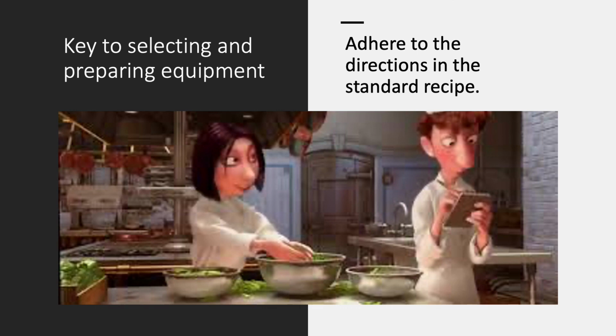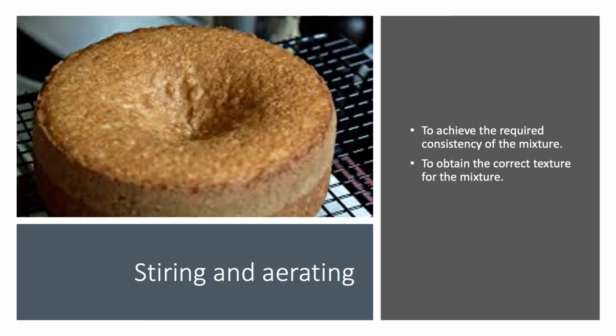The key to selecting and preparing equipment is follow the standard recipe. The only time that you should be changing recipes at all is when you're a master of a product. To turn around and change a recipe or a method or ingredients when you are a novice pastry person is quite frankly just silly.